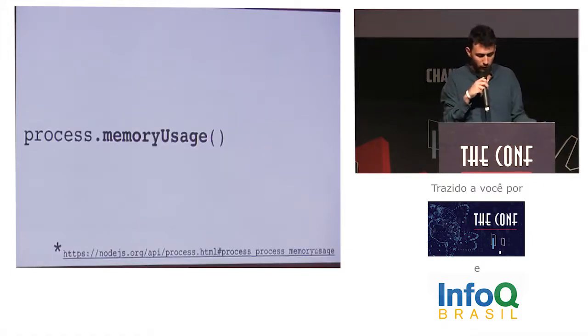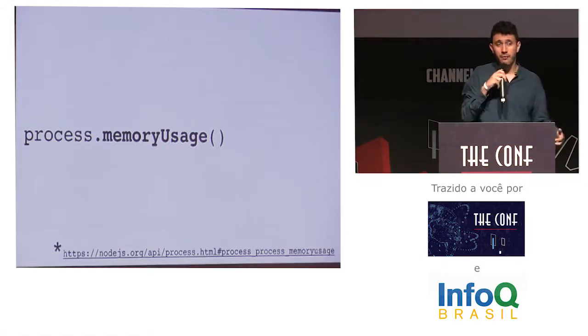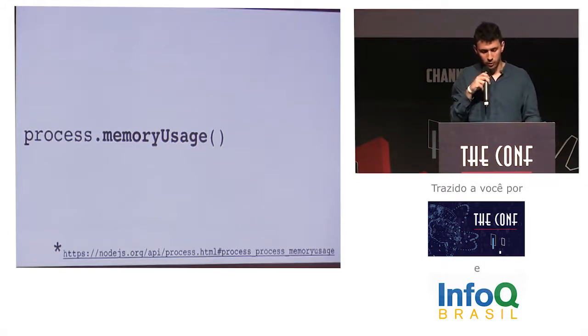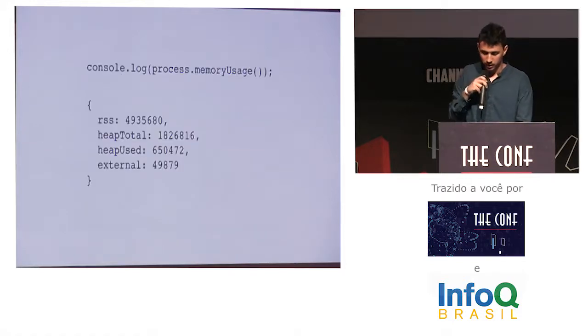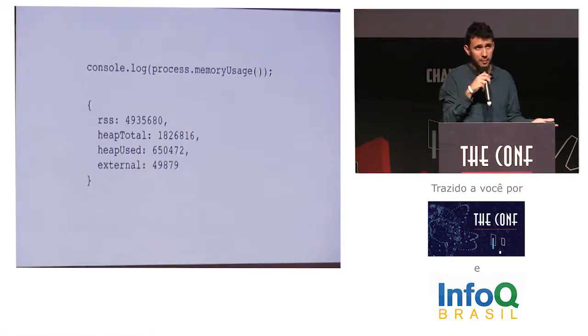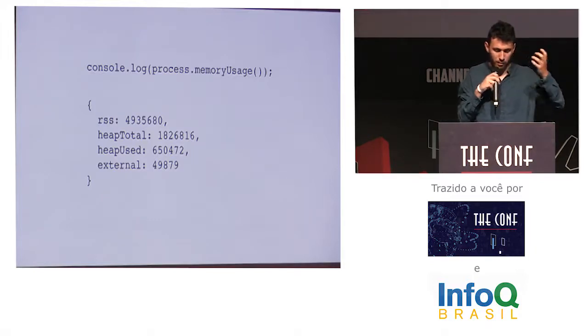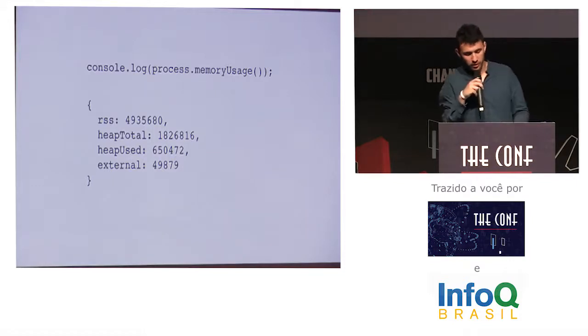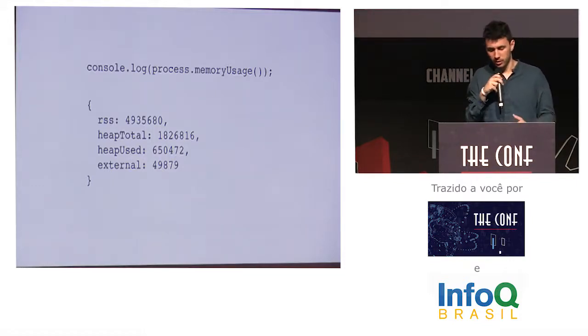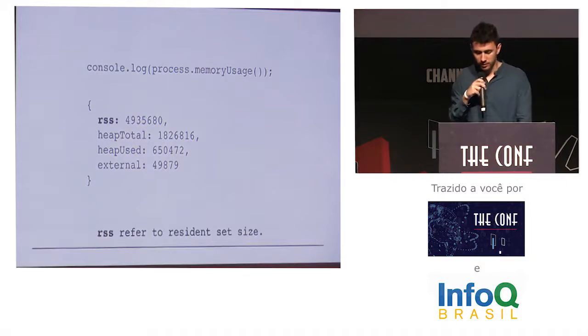Okay, moving forward. In Node.js, we have a particular method which returns a report for memory usage. Here's a sample of this method. The process memory usage returns an object. This object describes the memory usage of the Node.js process measured in bytes.